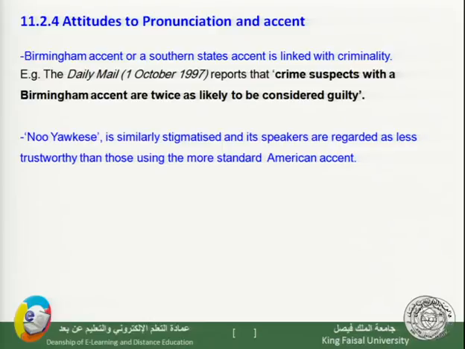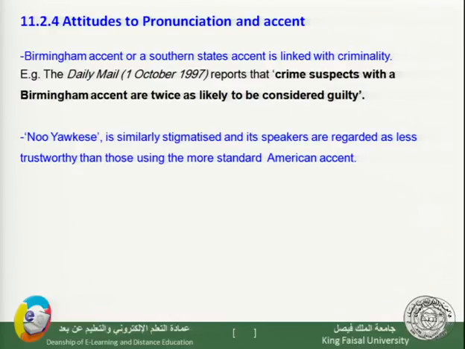So if you are from Birmingham, speaking the Birmingham accent, and you are a suspect of a crime, you are twice as likely to be considered guilty, because the first thing is that you are a suspect, and the second is that you speak the accent of the Birmingham people.